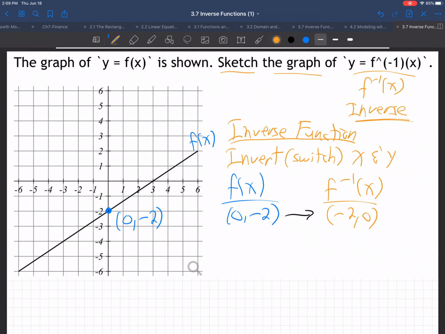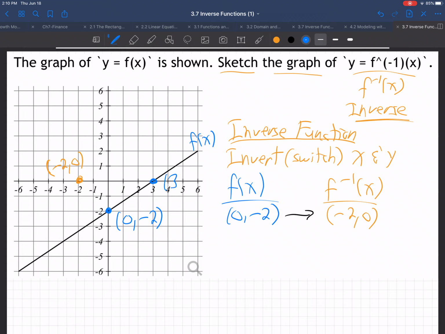So let's find that point. Back 2, up 0, right there. So that's the corresponding point on the inverse function. Let's do another one. I'm just picking ones that are easy and obvious.